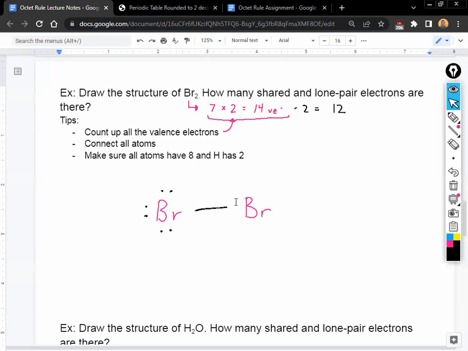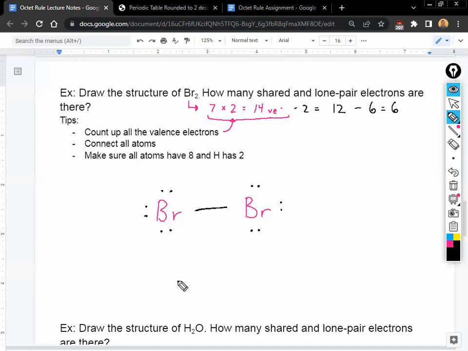How many electrons did we add to the picture? 6, because we added 1, 2, 3, 4, 5, 6. So how many do we have left? 6. And very easy, because this one needs 6 to get to 8. And there you go. That is your picture of Br2.